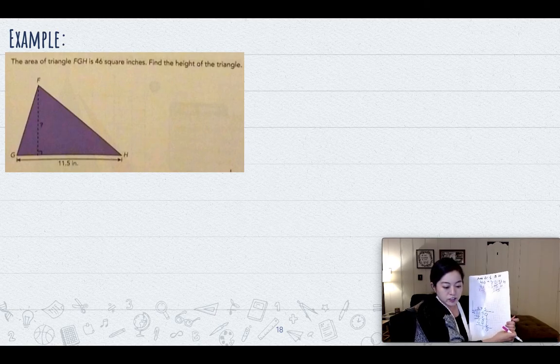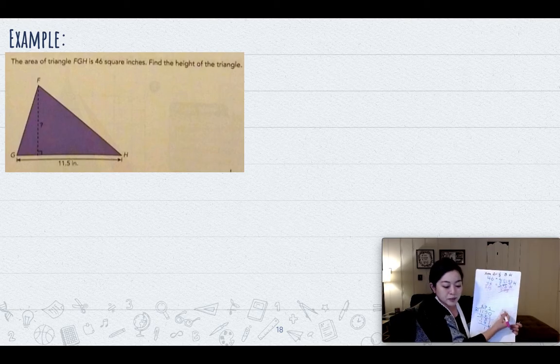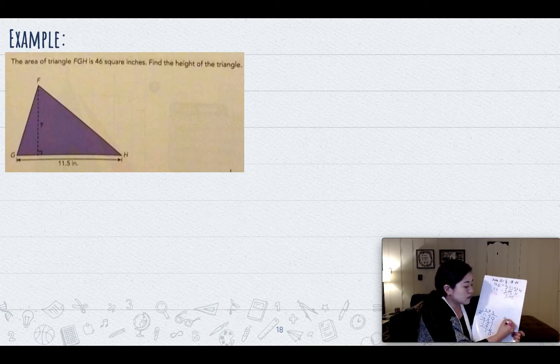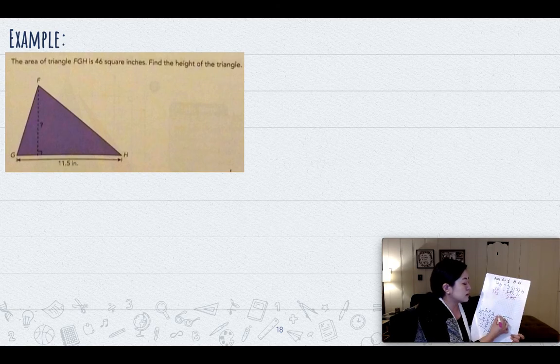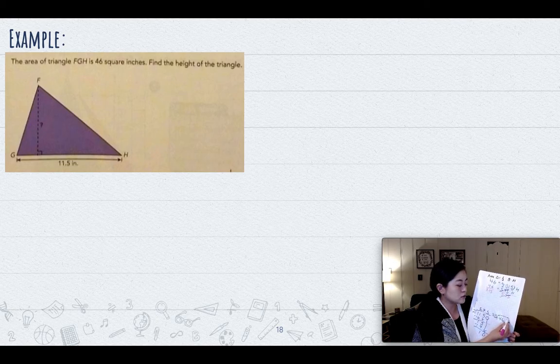Well, I'm going to do some work at the bottom. So we have 46 divided by 5.75. And I don't like this decimal number here. My divisor is my decimal number, so I'm going to move the decimal point over 2 places to the right. And for 46, I'm going to do the same, 2 places to the right. So that becomes this.